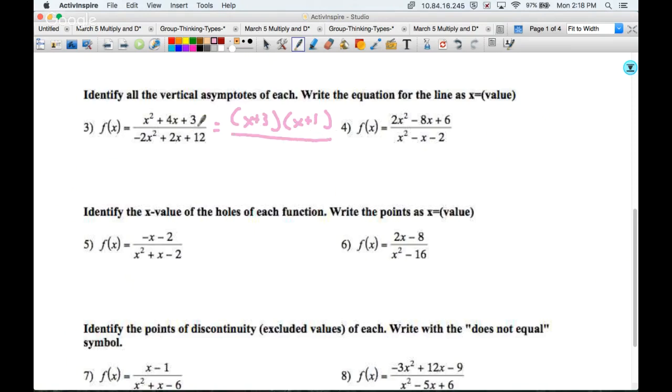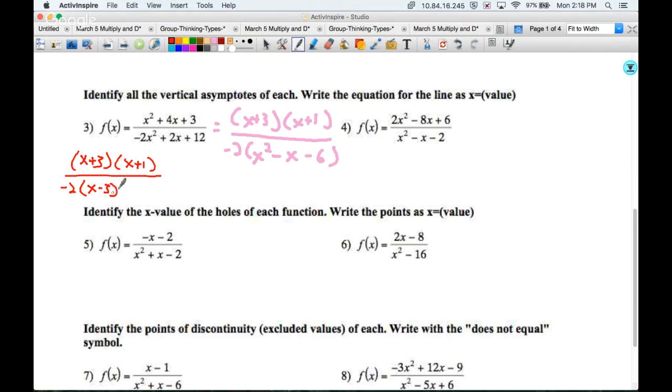On the bottom, I'm going to take out a -2 first, leaving behind an x squared minus x minus 6. And then I'm going to rewrite that as x plus 3, x plus 1, divided by -2. Two numbers that multiply to be -6 but add to be -1 are going to be -3 and +2.